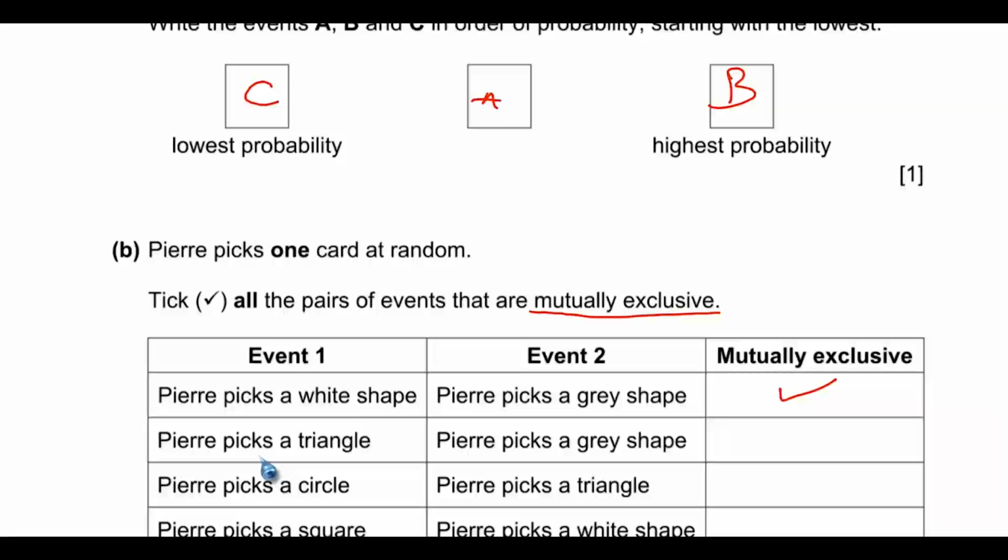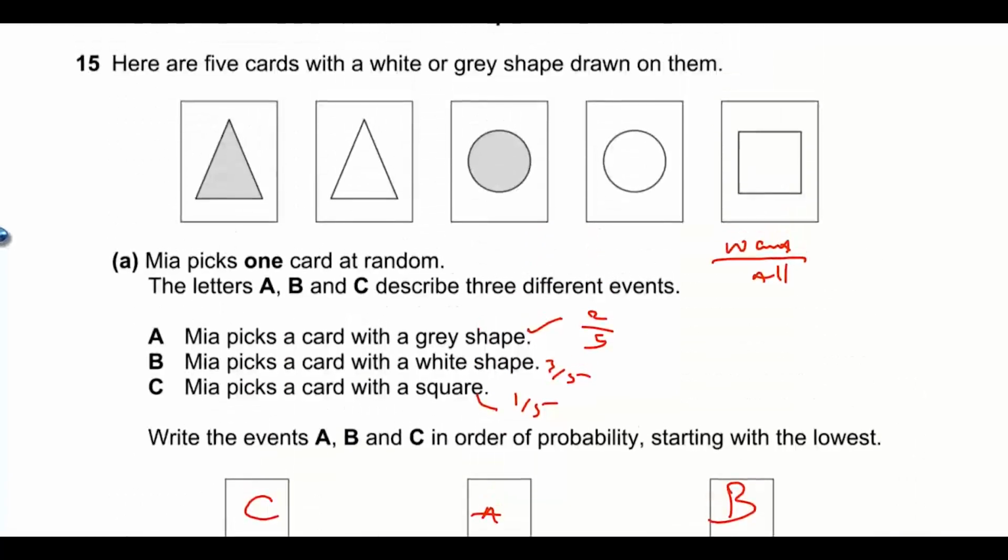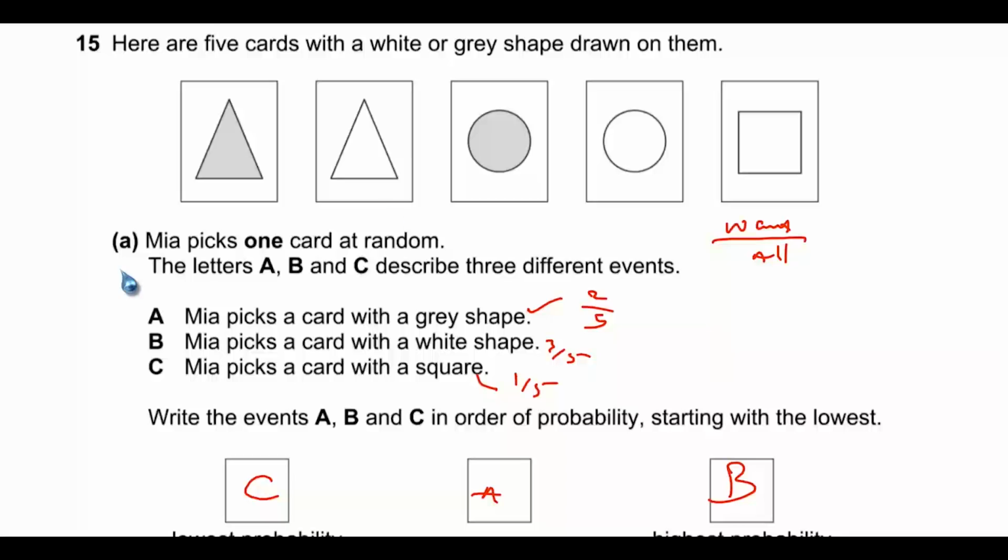Let's go to the next one. Player picks a triangle, and then player picks a gray shape. If he picks a triangle, it can be this, and at the same time it can be a gray shape.